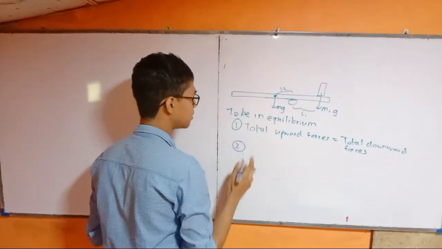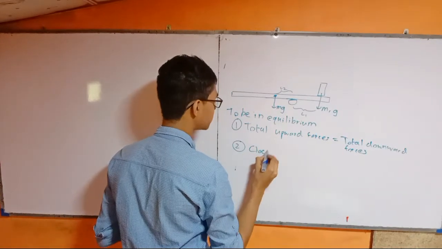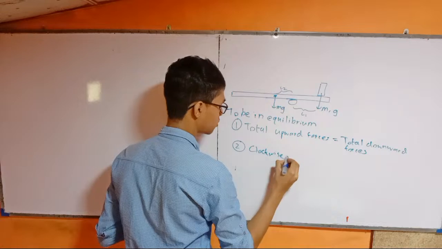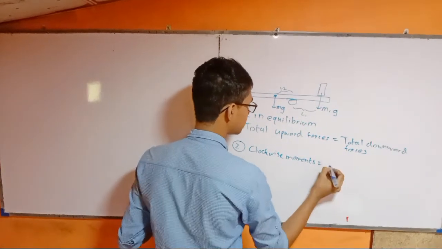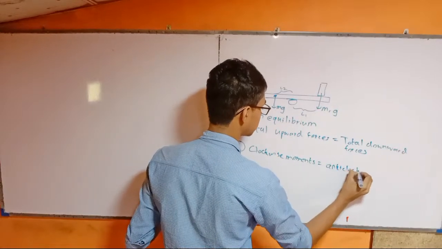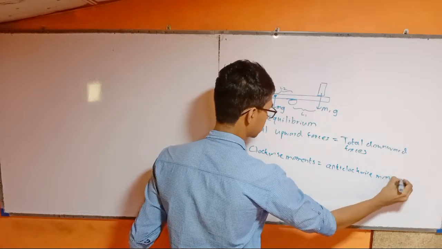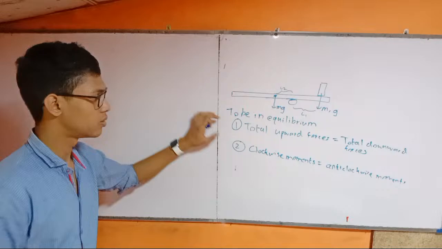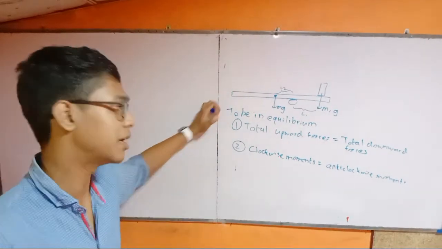And next, the clockwise moments equal the anticlockwise moments. You need to have both of these to be in equilibrium. Otherwise, it's not in equilibrium.